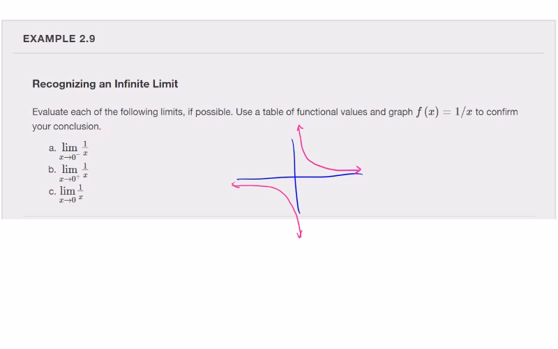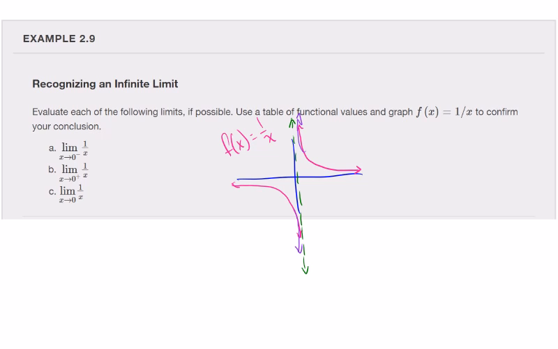Okay, and there's an invisible boundary here at 0. So as it gets closer and closer to 0, it can never be 0, right? But as it gets closer and closer to 0 from the right, it goes up towards positive infinity, and as it gets closer and closer to 0 from the left, it goes down towards negative infinity. Okay, and so that's what this function looks like, 1 over x. Let me just label it here.